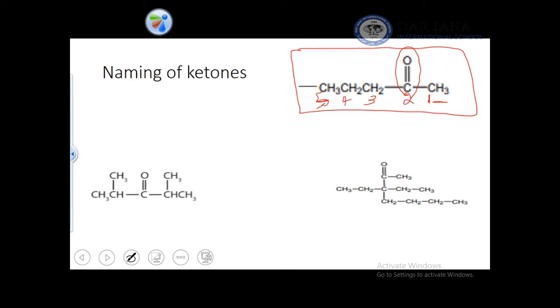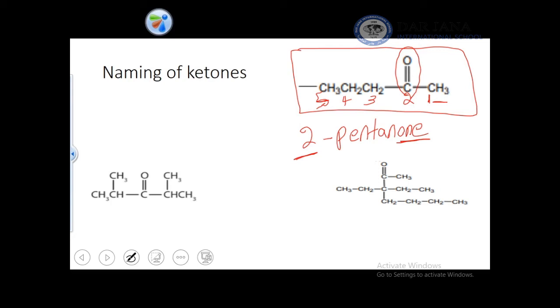The name of this ketone molecule is 2-pentanone. I dropped the E from pentane and replaced it with ONE to indicate that this molecule is a ketone. And carbon number 2 represents the position of the functional group.